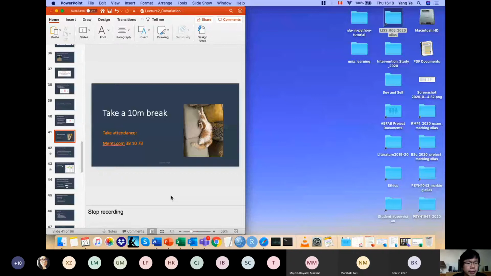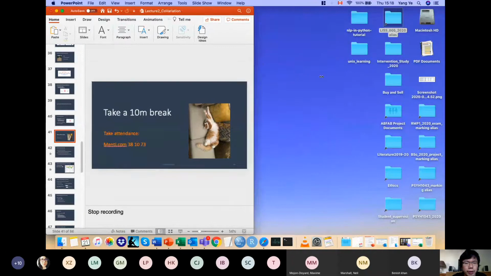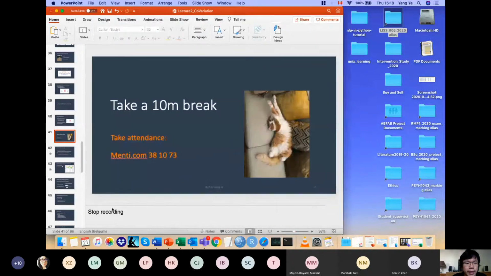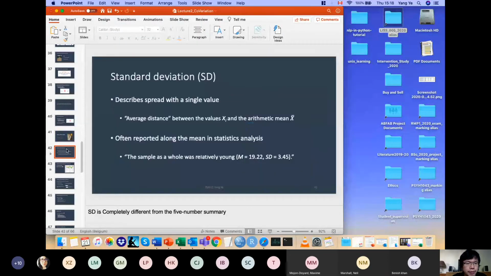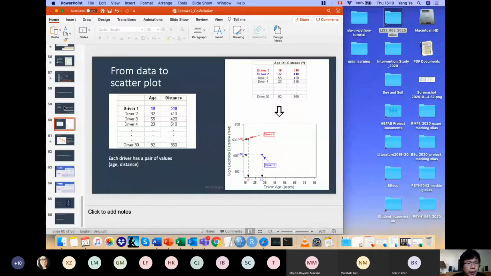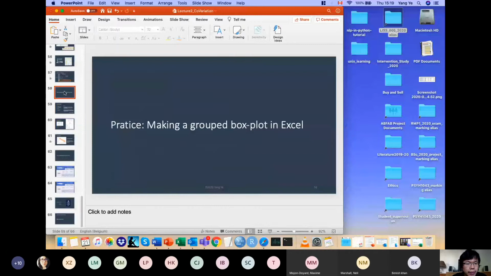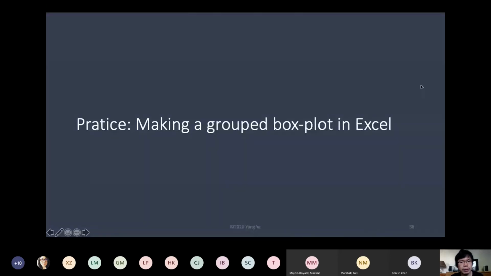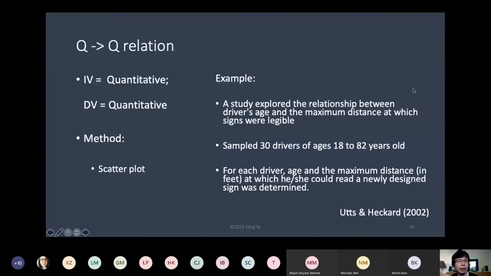You'll be spotting for outliers, spotting for mistakes, and checking the shape of the distribution, whether it's symmetrical or not, which will be important for the next steps of the analysis. Okay, so we have made a grouped box plot in Excel.